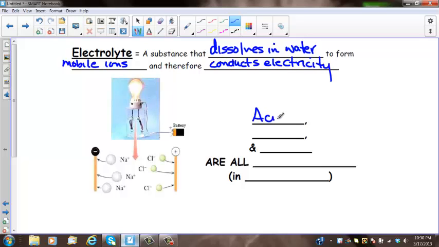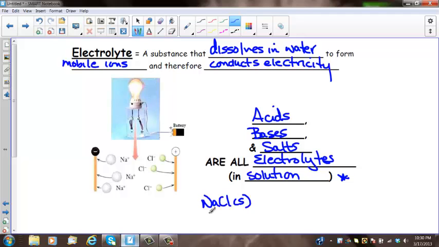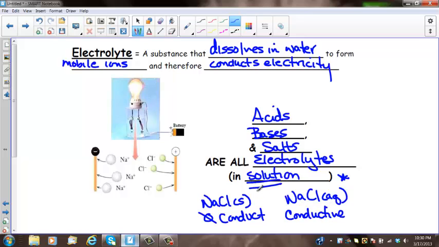So we have acids, bases, and salts are all electrolytes in solution. And this last part is really important because NaCl solid does not conduct, but NaCl aqueous is conductive. So this part about being in solution is very important. Okay, that's it for lesson 1.